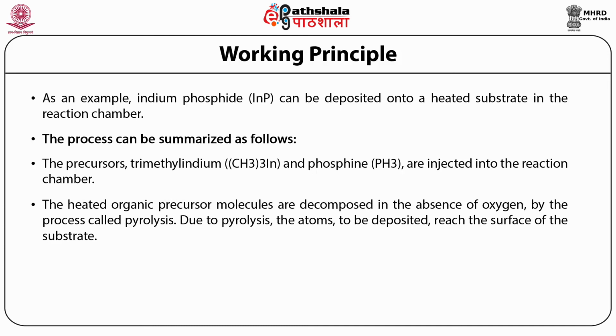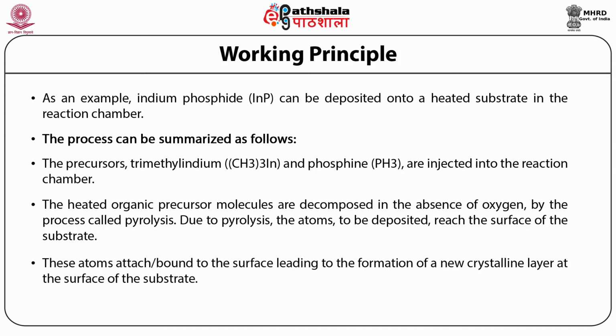Second, the heated organic precursor molecules are decomposed in the absence of oxygen by the process called pyrolysis. Due to pyrolysis, the atoms to be deposited reach the surface of the substrate. These atoms attach or bind to the surface, leading to the formation of a new crystalline layer at the surface of the substrate.